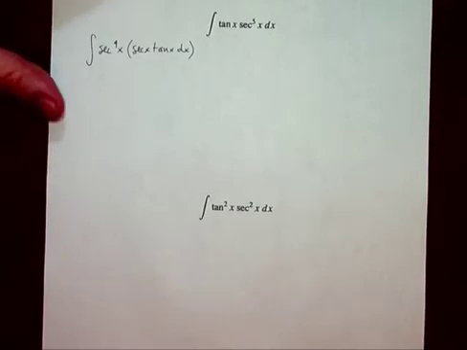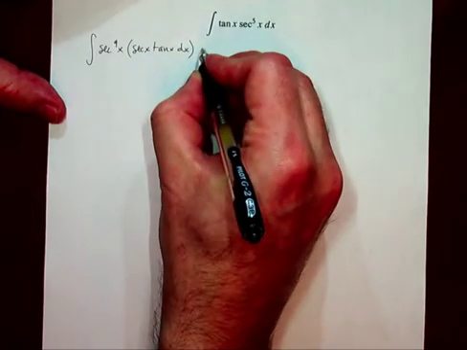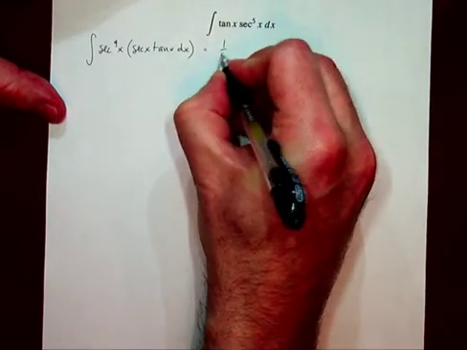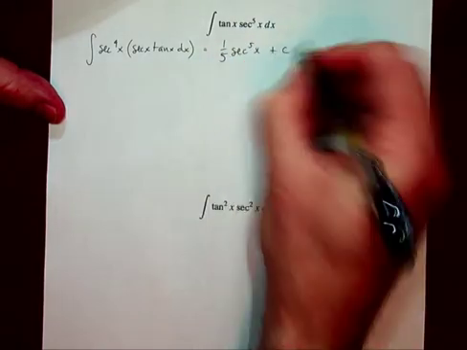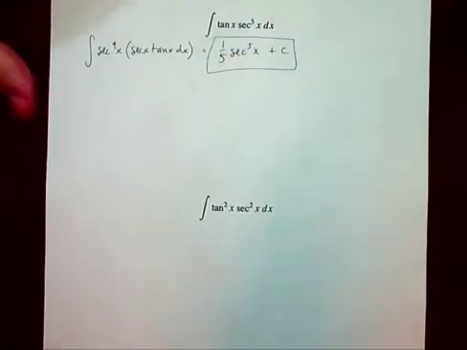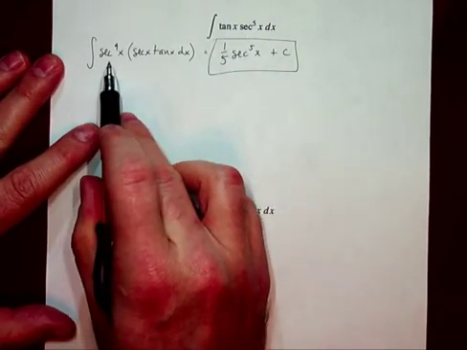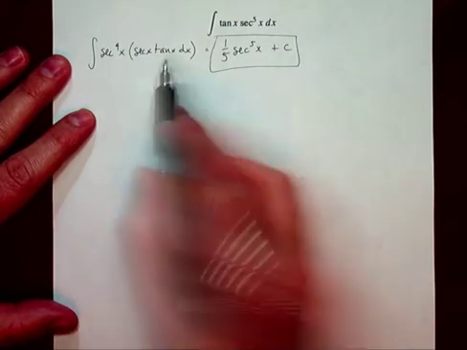And that's kind of neat. So basically what I need from here then is simply 1/5 secant to the 5th x plus c, because I didn't even have to use any identities. I simply had to factor it correctly in order to reveal my u value, in this case raised to the 4th power, and my du.